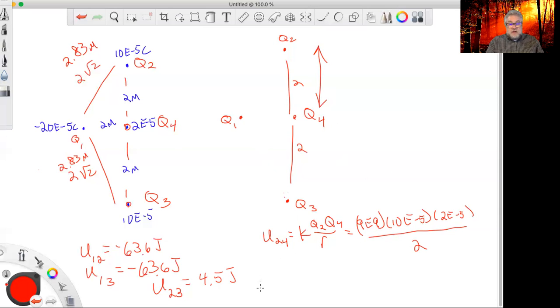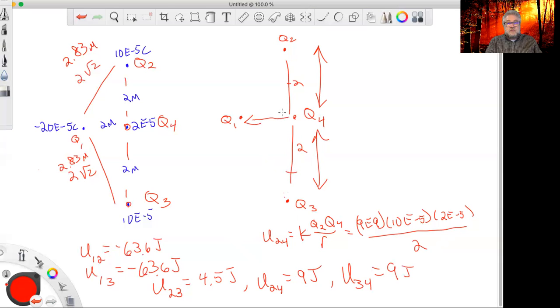And when I turn the crank on that, U24 is going to be 9 joules. And likewise, U34 is going to be 9 joules. So I did this one and I did this one.